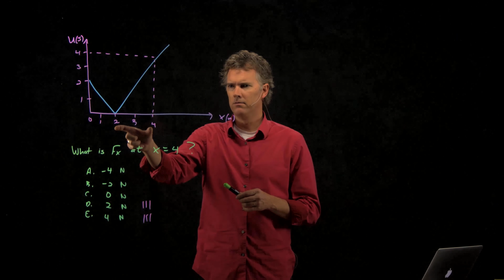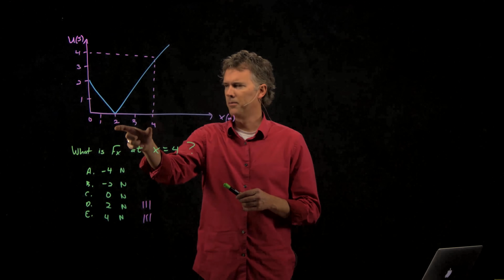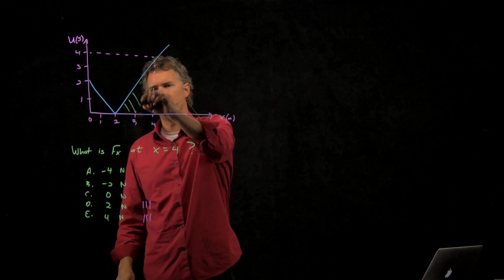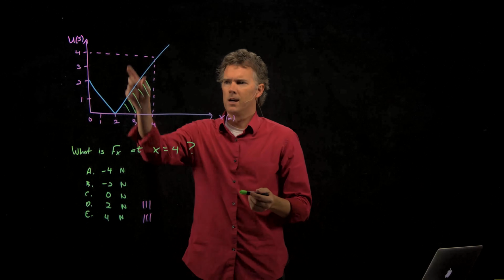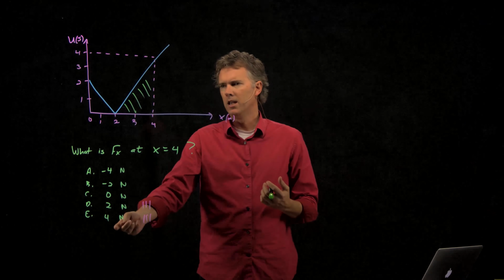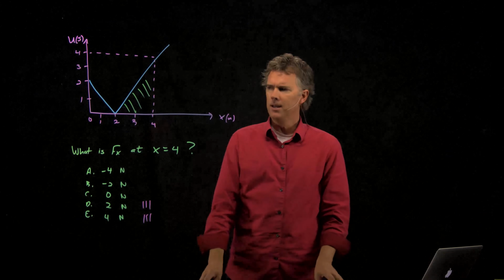So you thought, what? Something about the area under the curve? All right, maybe. Let's see. What's the area under this curve? It's going to be 2 times 4 and then a half of that, so that would be 4. So you would have said E. So those that said D, what led you to D?